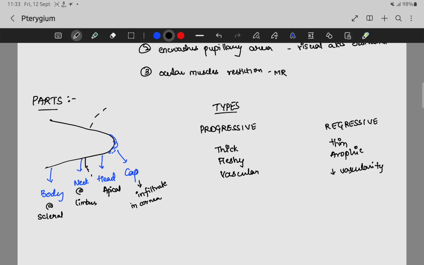In the progressive pterygium, there can be whitish infiltrates in the cornea. It is called the cap of the pterygium, and this is present in progressive pterygium. These infiltrates are called spots or islets of Fuchs.